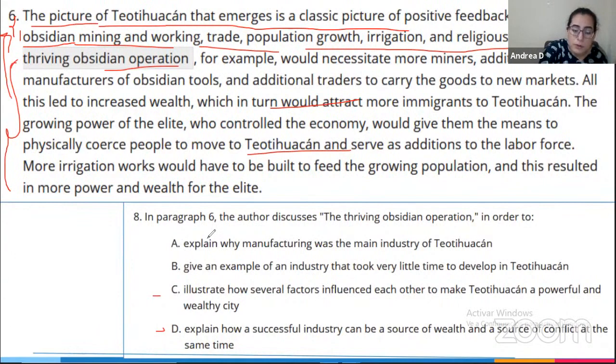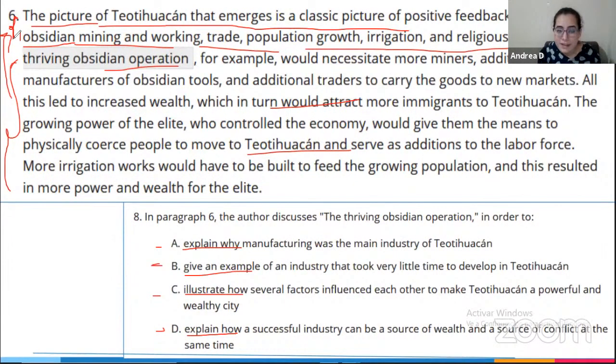If you look at the options, we have explain why, give an example, illustrate how, explain how. So by illustrating, giving examples, explaining why or how, all of them are possible options on how the author is trying to support this claim. We just need to figure out what the right one is.